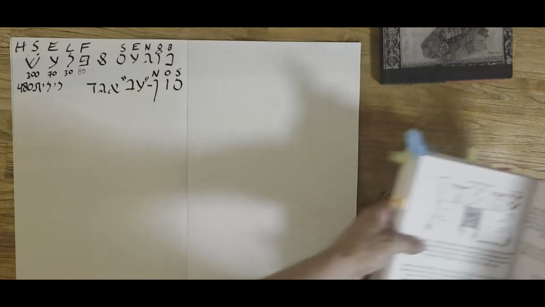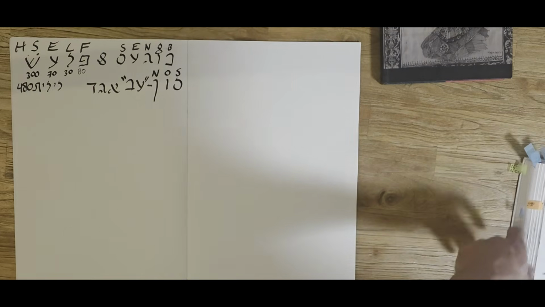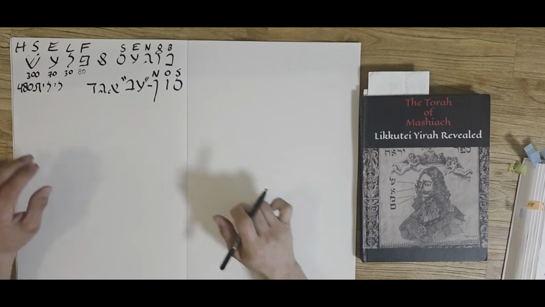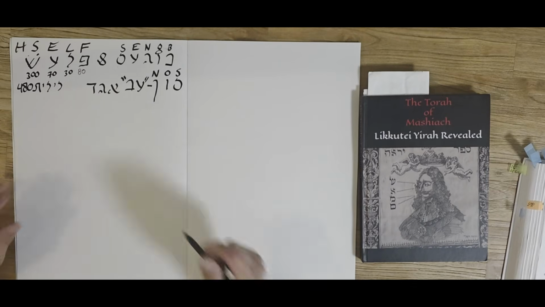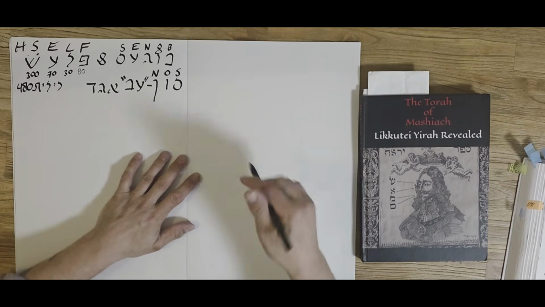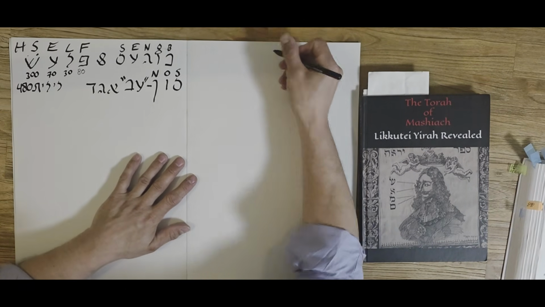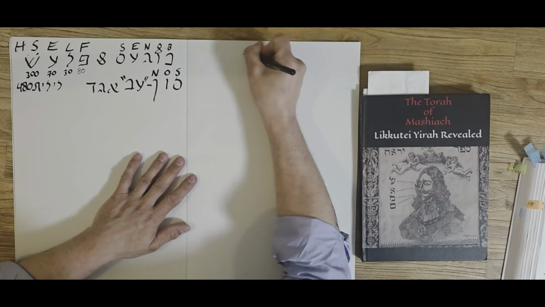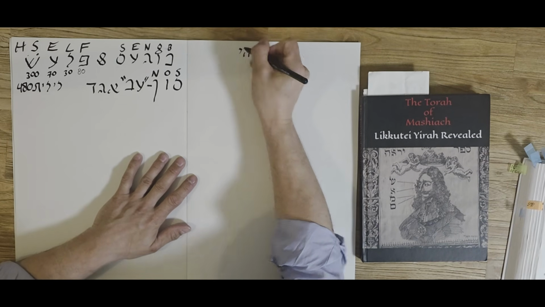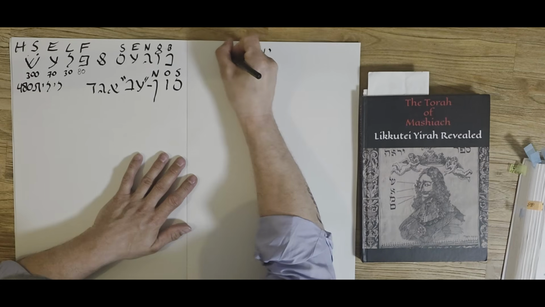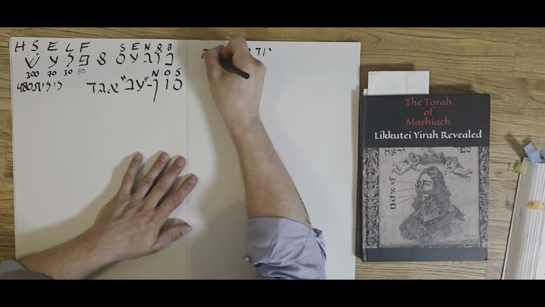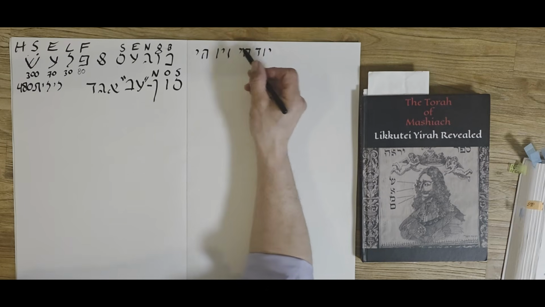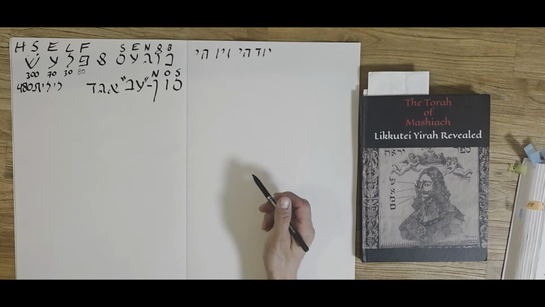And this is for further down the line. We had the 72 name. So let me put the 72 name here for you. Yud, He, Vav, He. And this is the permutation that has 4 Yuds, okay?